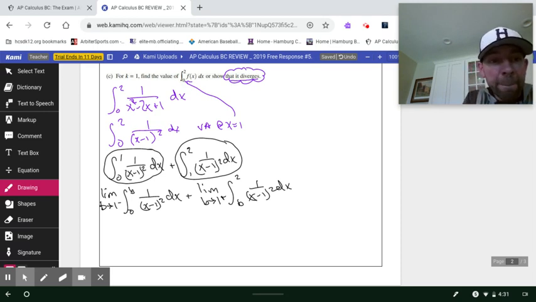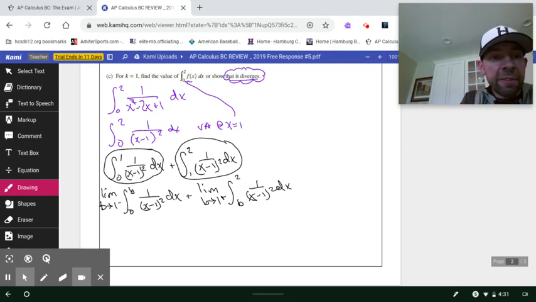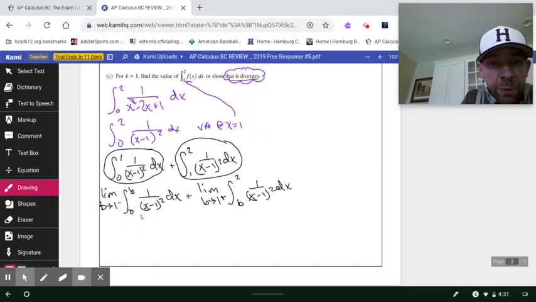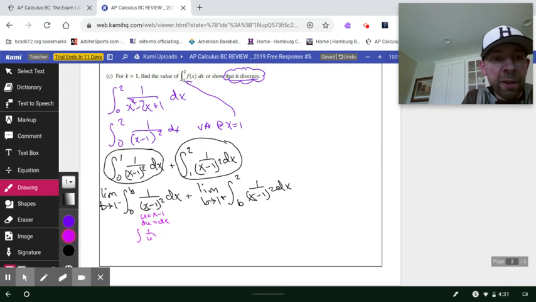Now, to find the antiderivatives of these, I'm going to do a u-sub where u equals x minus 1. The derivative of u ends up being the derivative of x, which is nice. And so you end up integrating 1 over u squared, which is going to give you an antiderivative of negative 1 over u.